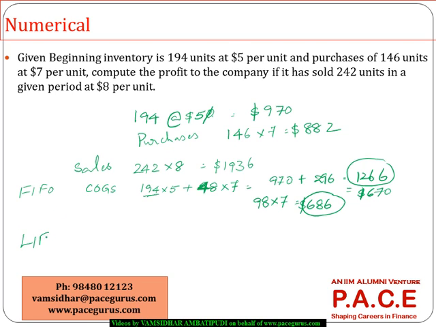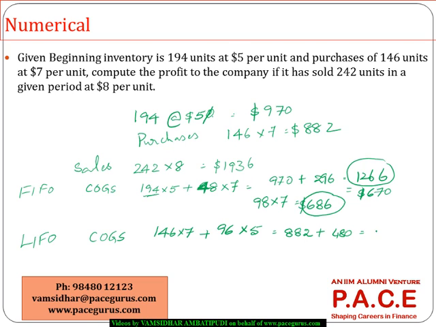Let's say I am going with the LIFO mechanism. What would the cost of goods sold be now? The latest ones go into cost of goods sold. So the latest 146 items at 7 go into cost of goods sold, and because 242 items are sold, the remaining 96 items will be taken from the old inventory, thus taking the cost to 882 plus 480.